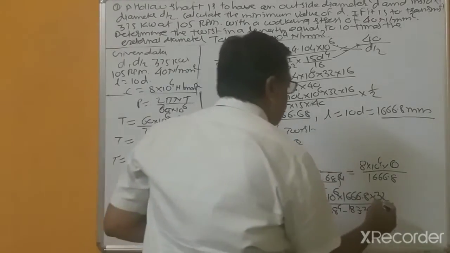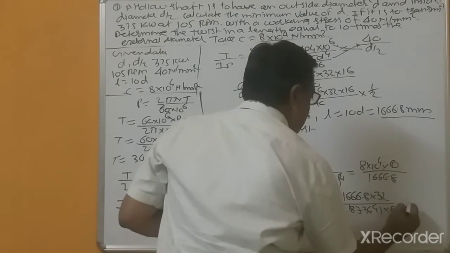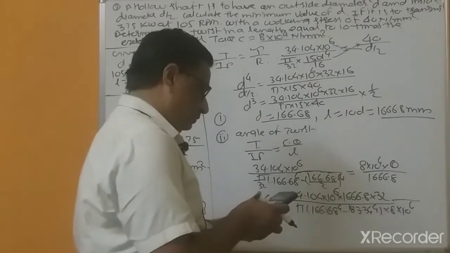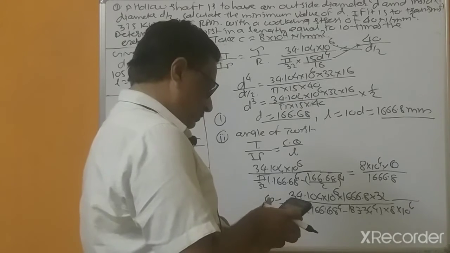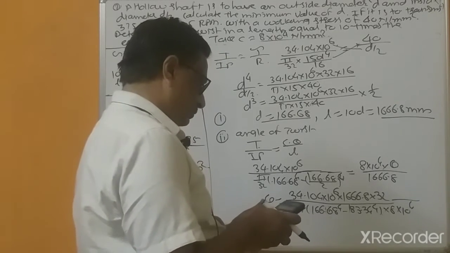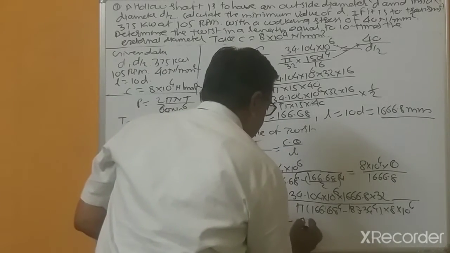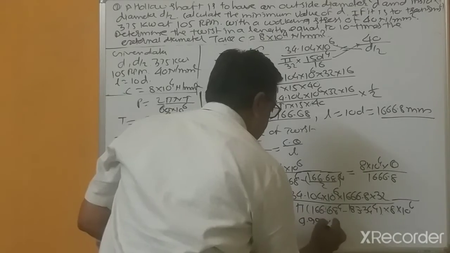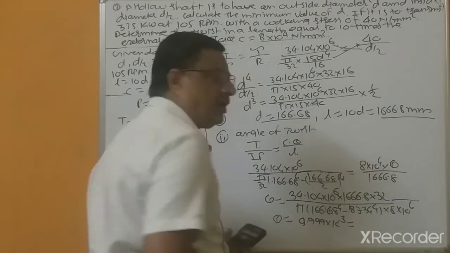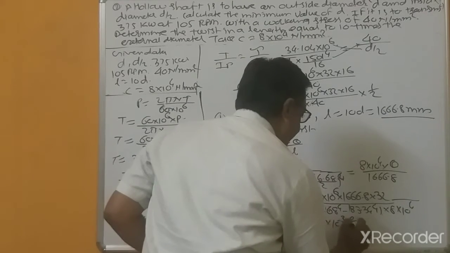Yes, and divided by 8 into 10 to the power 4. So this is 9.99 into 10 to the power minus 3, and this is in radian.